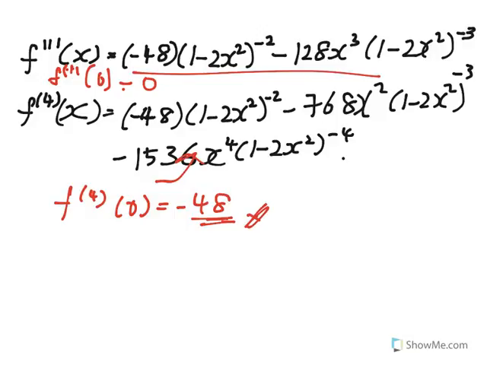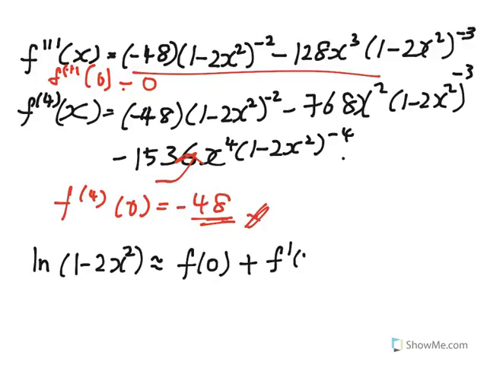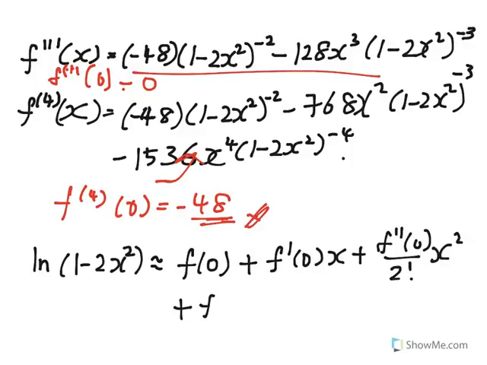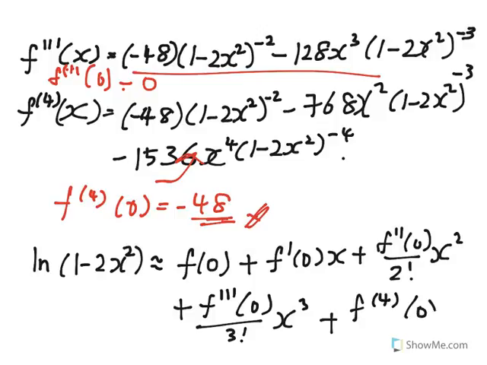Okay, then with that, you have ln. Remember that you want your function using Maclaurin expansion, so you are looking at f of 0. Remember, this is the formula: f of 0 plus f prime 0 x plus f double prime 0 over 2 factorial x squared plus f triple prime 0 over 3 factorial x cubed plus f of 4, 0 over 4 factorial x power 4.